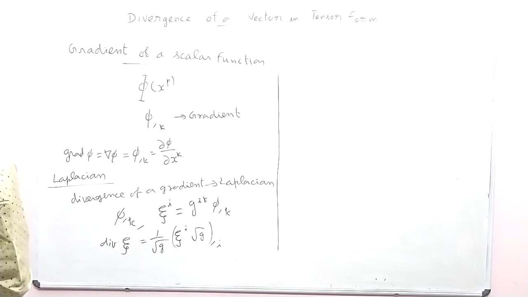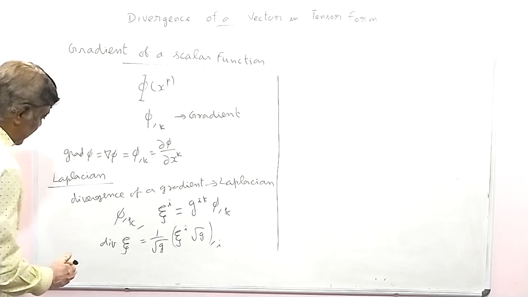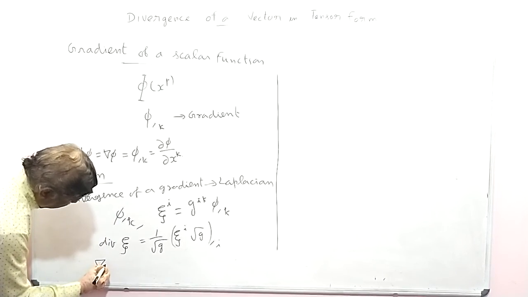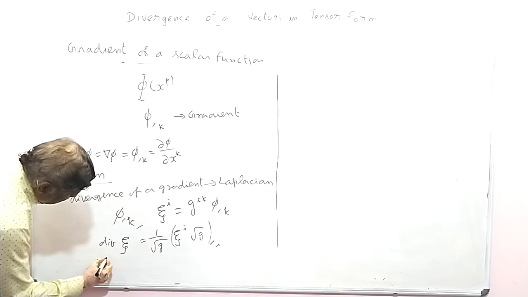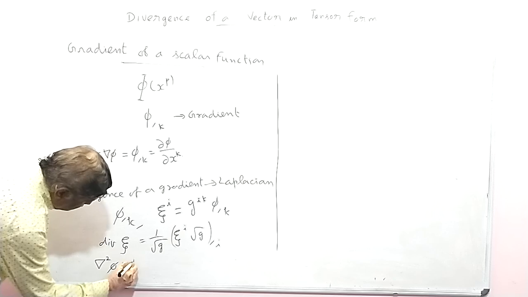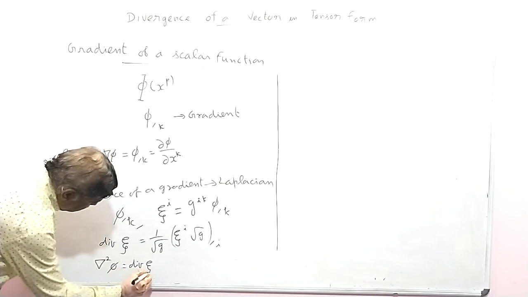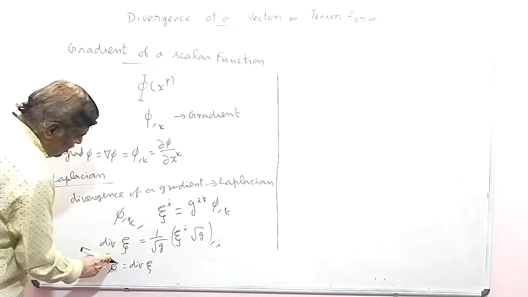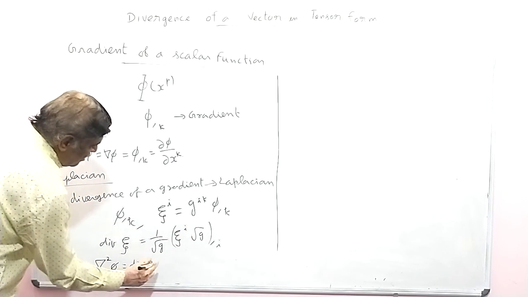So this is del square phi. This is a divergence of gradient, which is called del square. Psi is equal to the gradient of phi. So del square is equal to the divergence of psi.